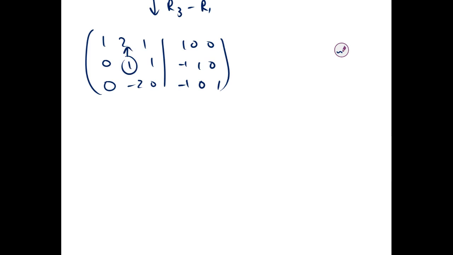And now we already have a 1 here, so we're going to get a 0 there. And we do that by taking R1 and subtracting 2 of R2. That gives us 1, 0, negative 1, 3, negative 2, 0.